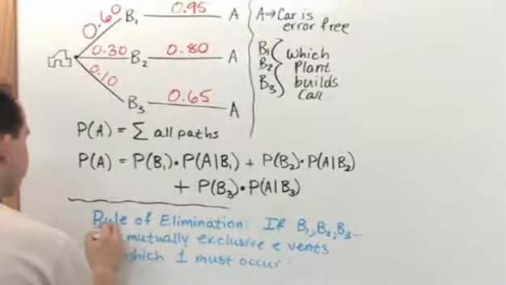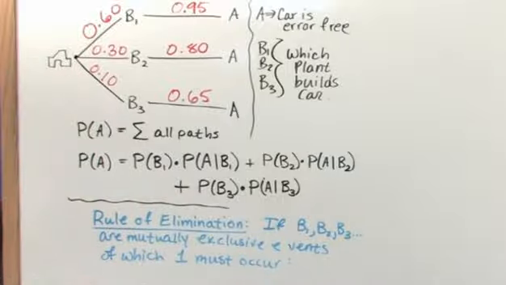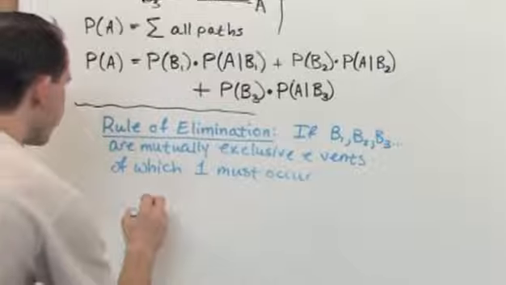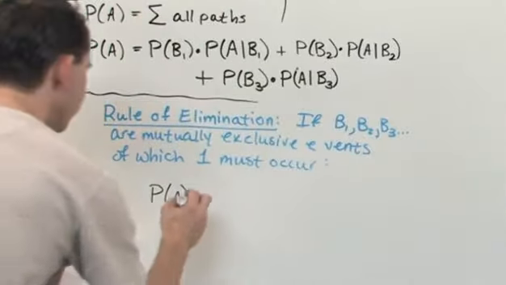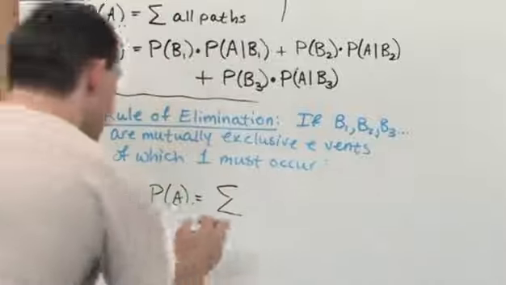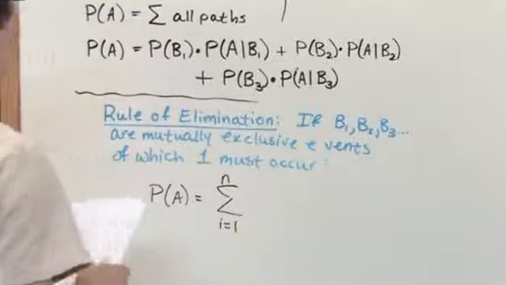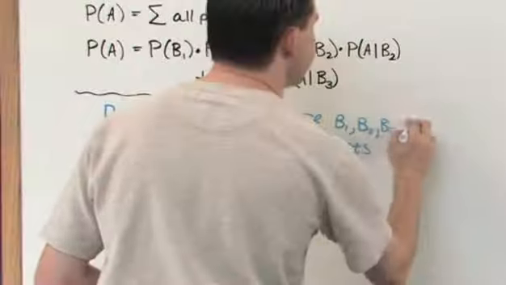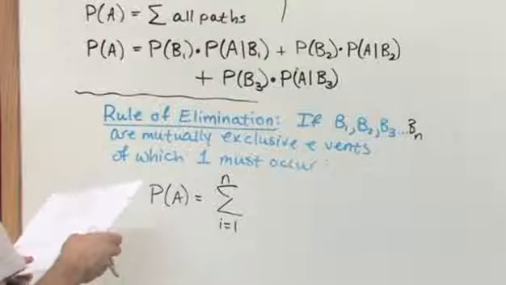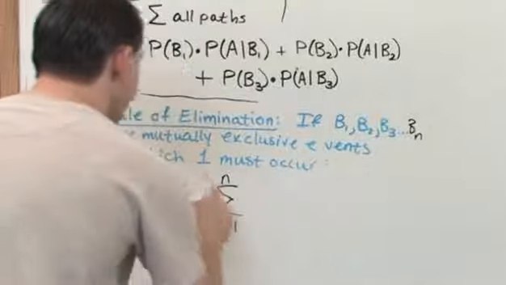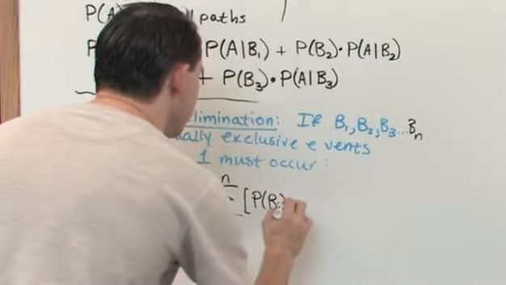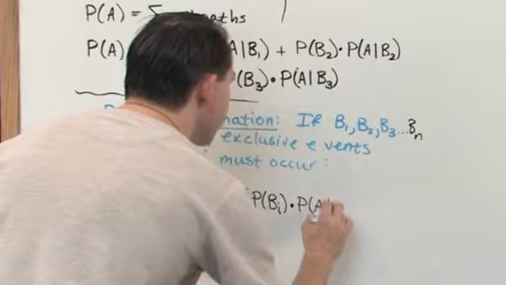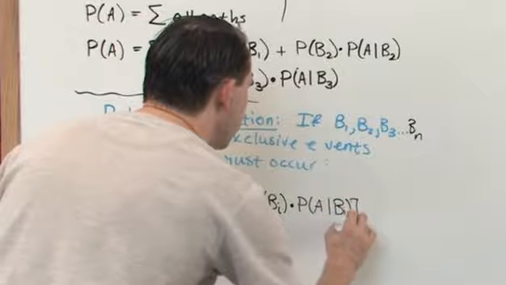The rule of elimination says if you have mutually exclusive events of which one must occur, then the probability of the end event A, the end event we talked about up here before, is equal to the sum from i equals 1 up to n, where n is the number of B events, how many paths are in this thing, of the probability of B sub i times the probability of A given that B sub i has occurred.